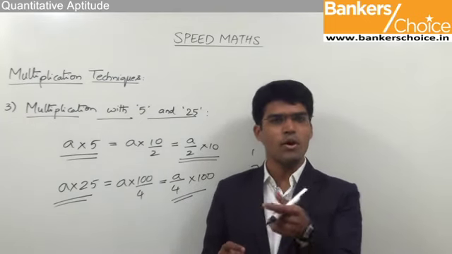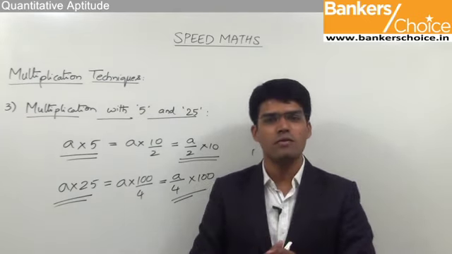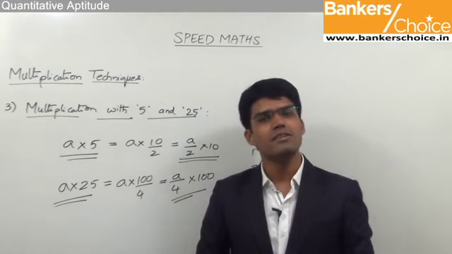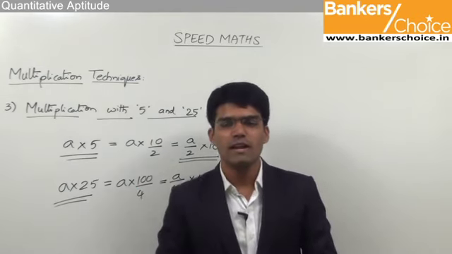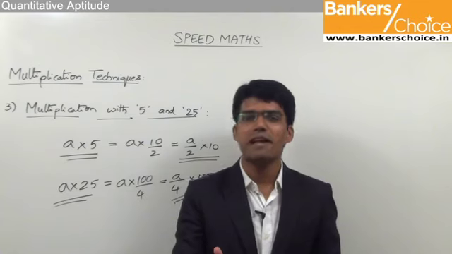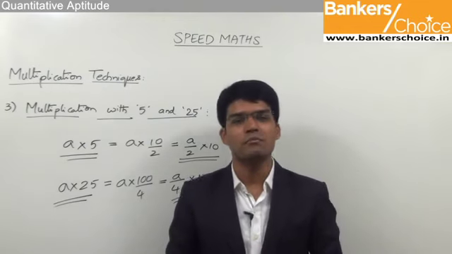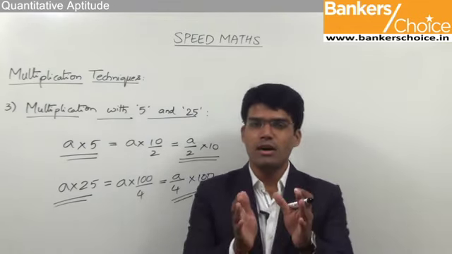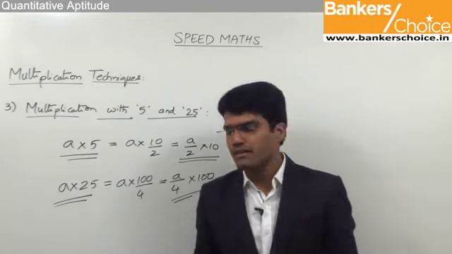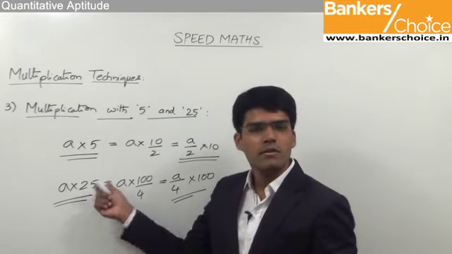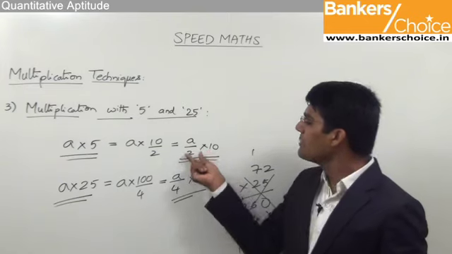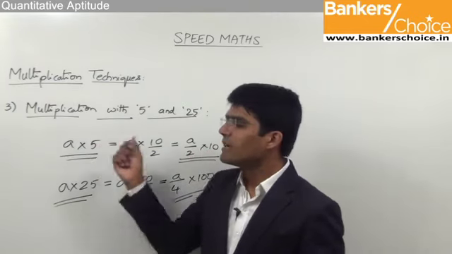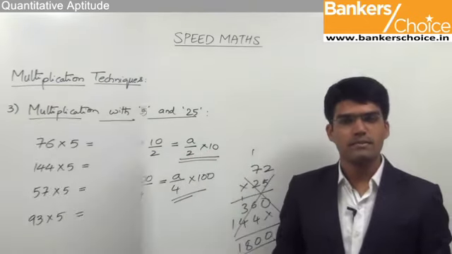So 19 and 0.25 makes it 19.25. Into 100 is 1925. So 77 into 25 is 1925 without writing anything on paper. So simply take 1/4 of the number, multiply with 100 whenever you have to multiply the given number with 25. And take half of the number and multiply with 10 whenever you have to multiply the given number with 5.